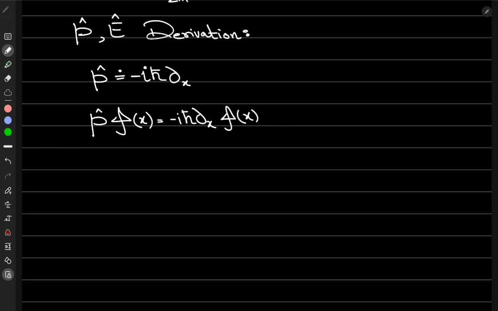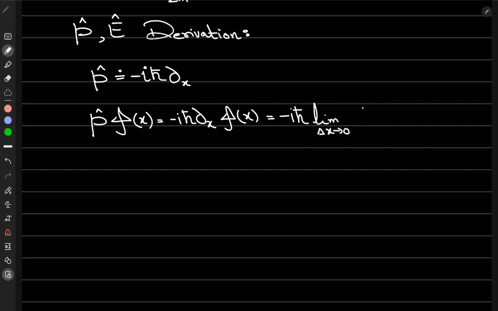Right. Now I'll use the definition of this partial derivative and rewrite this whole thing on the right-hand side. So this is minus iota h bar times the definition of the partial derivative with respect to x, which is in terms of limits. So this is the limit as delta x goes to 0 of the partial derivative of the wave function psi of x.